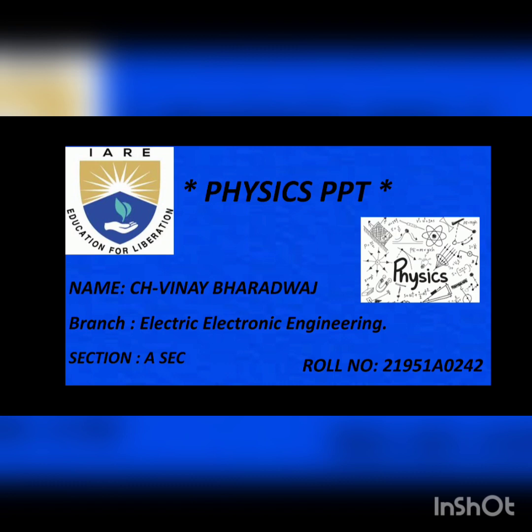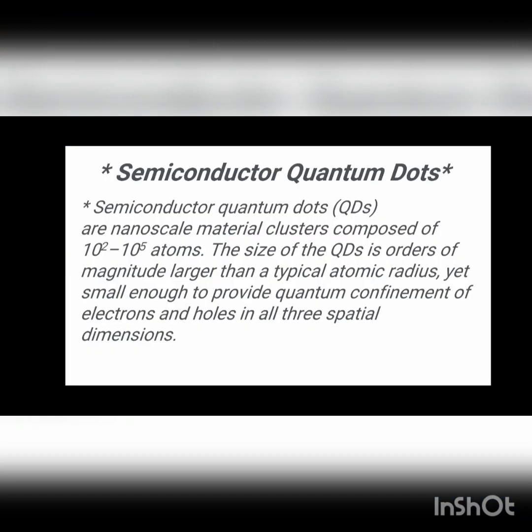Today, I am going to explain about my Physics PPT, and my topic is semiconductor quantum dots. Generally, what is meant by semiconductor quantum dots? Semiconductor quantum dots are nanoscale material clusters composed of 10^2 to 10^5 atoms.